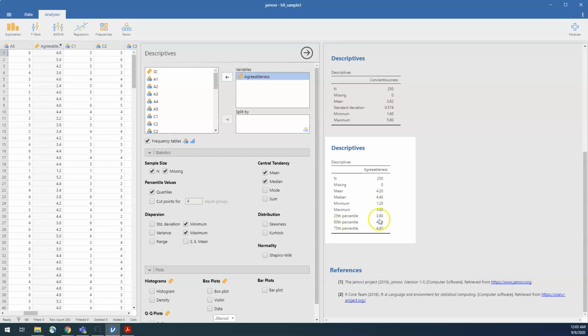The 50th percentile is 4.4, which means 50% of people got between 1.2 and 4.4. And the 75th percentile is 4.8, which means 75% of people got between 1.2 and 4.8. Now, the last 25% of people got between this value and the maximum, 5.8. So that final 25% is between this demarcation and the max.